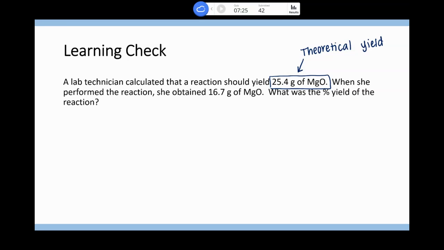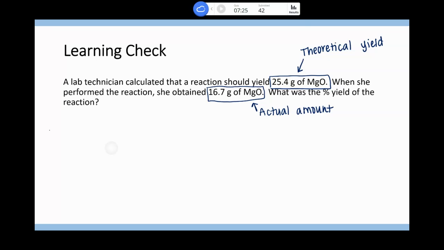Theoretically, if everything goes perfect, this amount of product should be produced. When she did the reaction and measured the product, she obtained 16.7 grams of magnesium oxide. So this is what is actually produced and collected in lab. So this is the actual amount. And the question is, what's our percent yield?